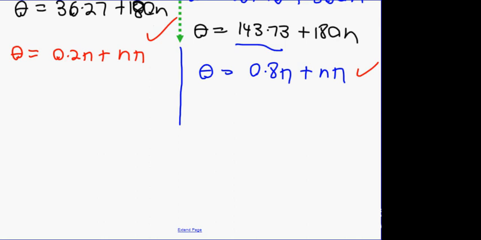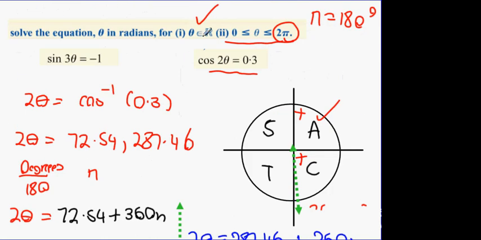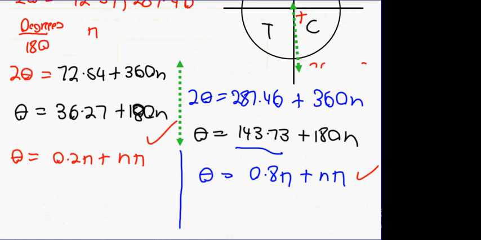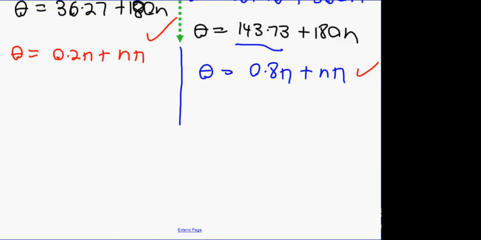You've answered part 1, gone. You're now on part 2, where you put in the n values and make sure it doesn't go bigger than 2 pi. So we're going to put in the n values. N equals 0, theta equals 0.2 pi. N equals 1, theta equals, anybody? 1.2 pi, because it's pi plus 0.2.